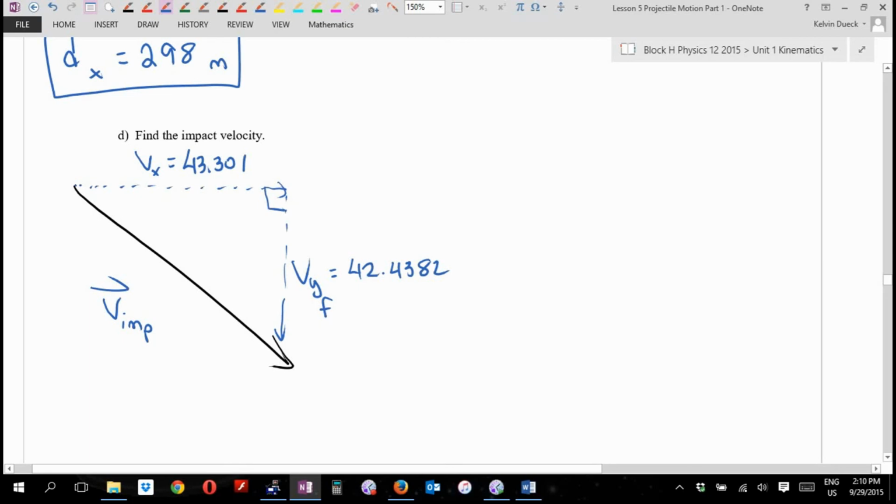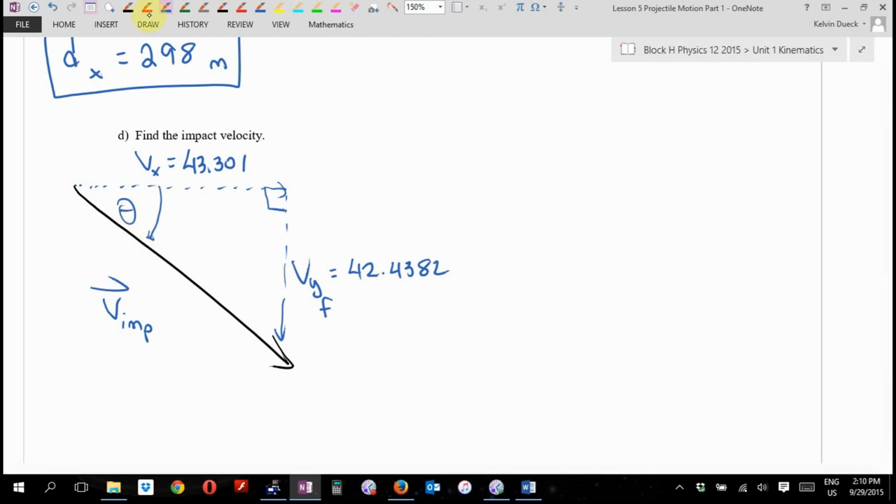Complete with a lovely right angle there, so this is not going to be sine law, cosine law. How could I find the magnitude of the impact velocity? How big that line is? Math 8. Pythagoras. And then which angle? Always where the vector starts from. There. Okay, let's do the Pythagoras.